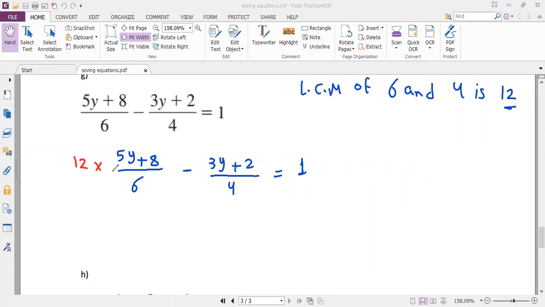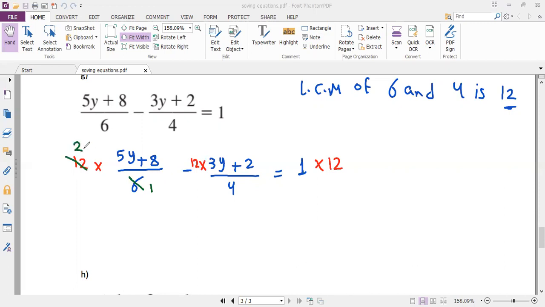This one multiplied by 12, and the right side multiplied by 12, okay? So 12 multiplied by 5y plus 8 divided by 6, and I multiplied by 12 just to get rid of 6, because 12 is divisible by 6. So 6 divided by 6 is 1, and 12 divided by 6 equals 2.